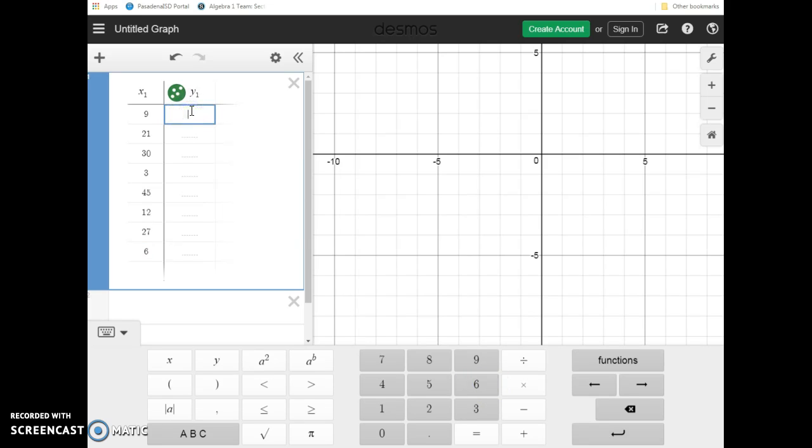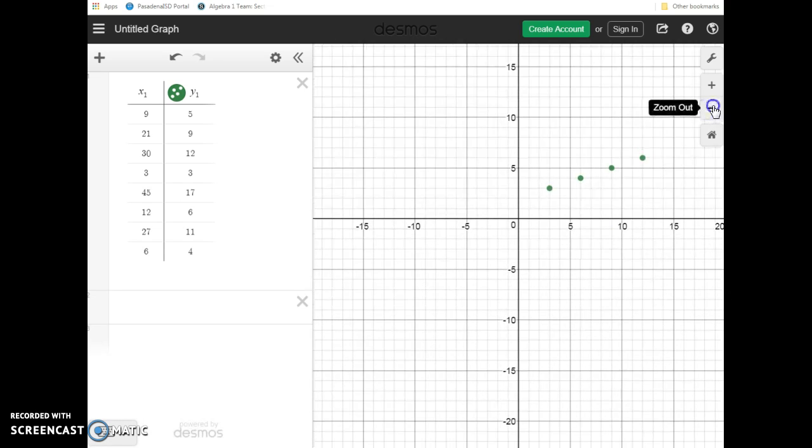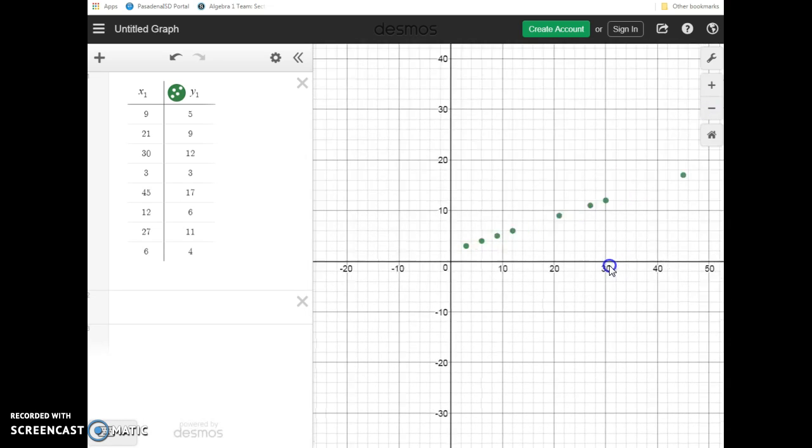On the other side, I have 5, 9, 12, 3, 17, 6, 11, and 4. So if you need to zoom out so you can see all your points, zoom out.